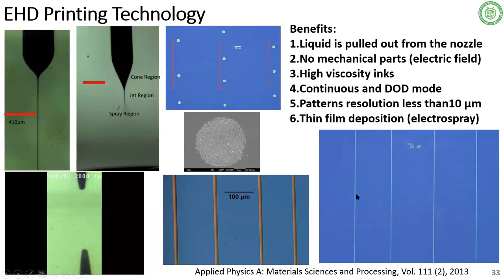This is silver, less than 10 micrometer. This nozzle is 30 micrometer, and the droplet is less than 30 micrometer. That's the main advantage, and you can use high-viscosity ink, meaning you can even print through paste.